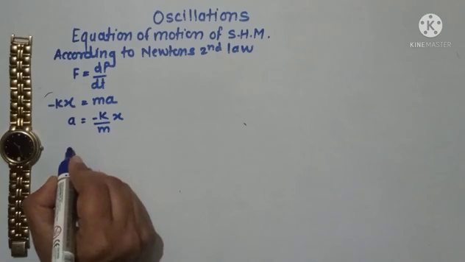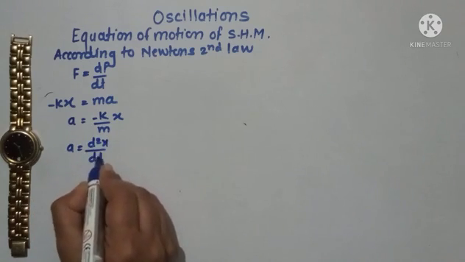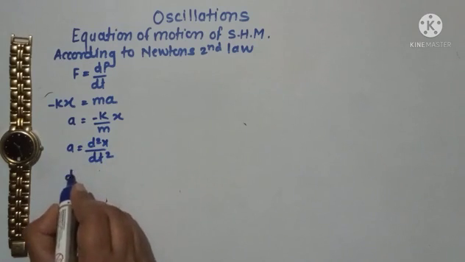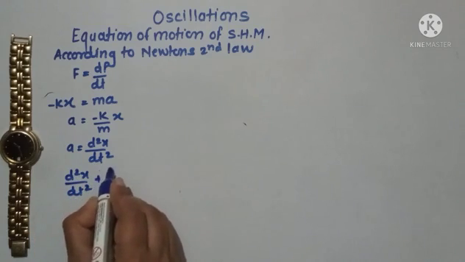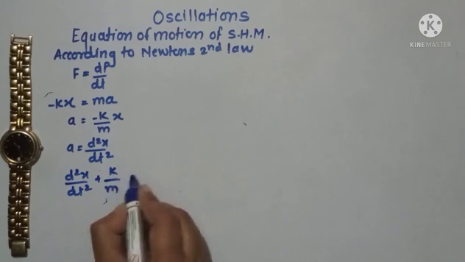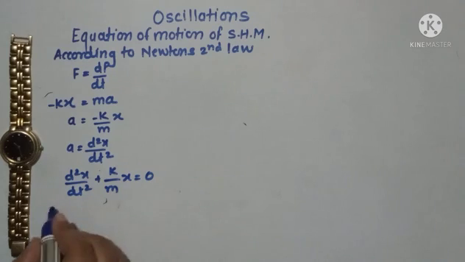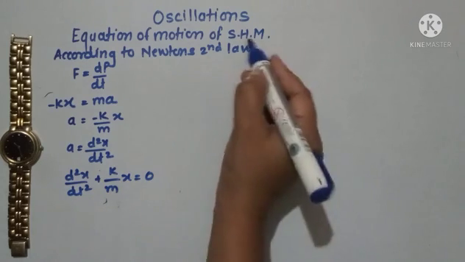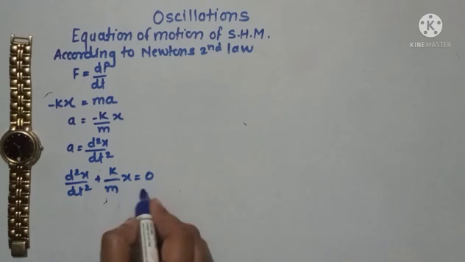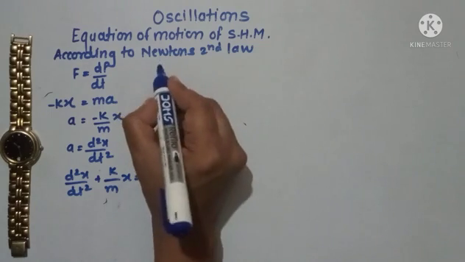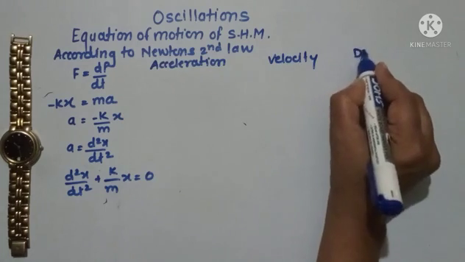If I put the value of a as d square x upon dt square, I get d square x upon dt square plus k by m, x is equal to 0. Now this is called the equation of motion of the simple harmonic motion. From this equation you can calculate all the remaining entities like acceleration, velocity and displacement.